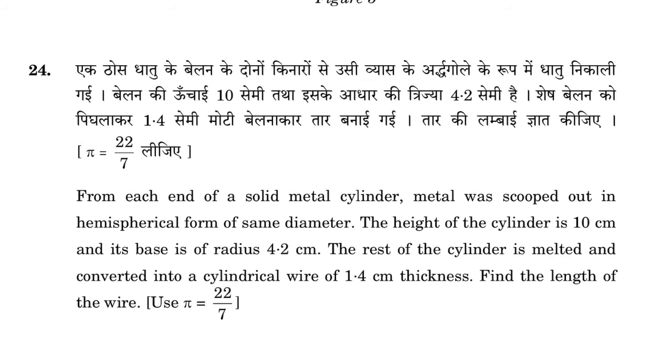24th question. This question says, from each end of the solid metal cylinder, so this is my solid metal cylinder, the metal was scooped out in hemispherical form of same diameter.